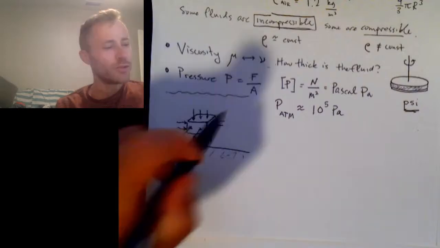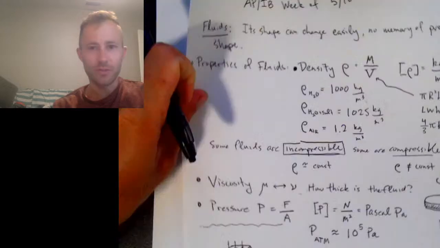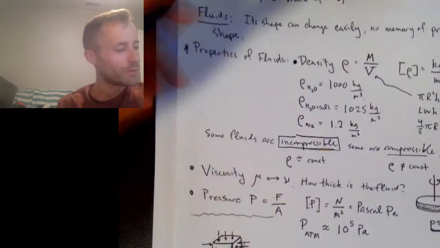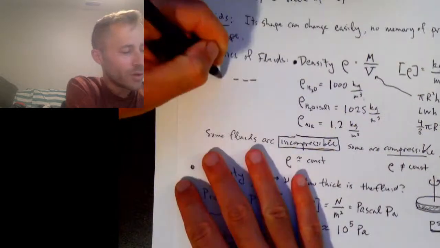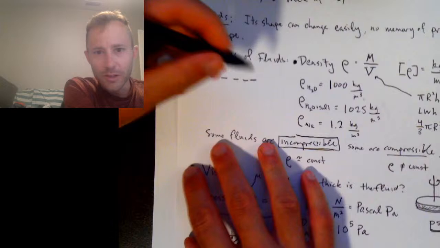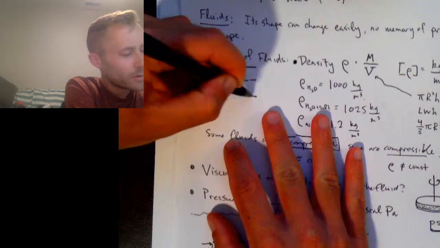At this point, I do want to emphasize that P and rho look very similar, so I want to emphasize the difference between the two. I'm going to draw the letters like you're in kindergarten.